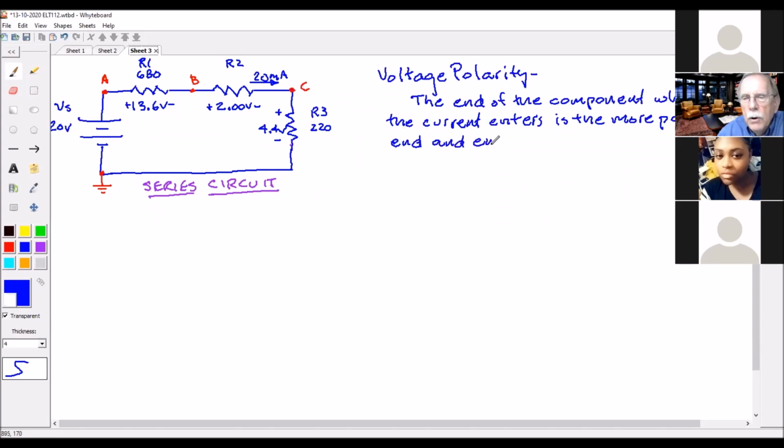And the end of the component where the current leaves is the more negative end.